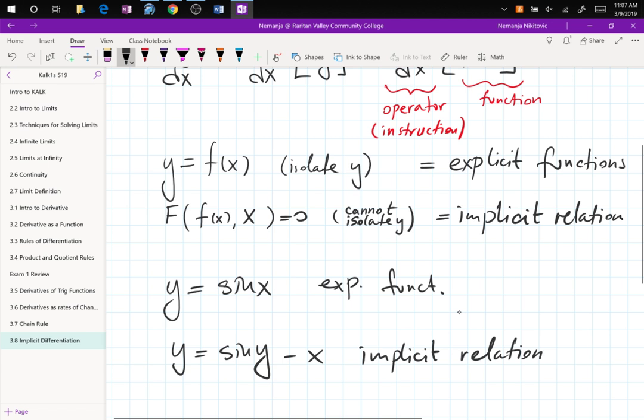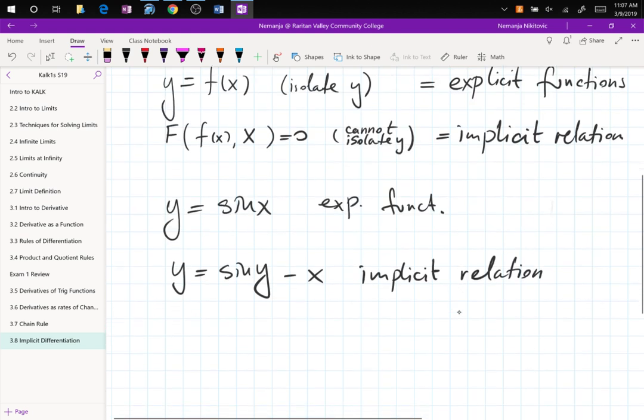So you cannot solve for y. You cannot write y equals everything else. You have one y that is single and linear, and one y that is buried within the sine function. And there's nothing you can do to free this one up and combine it with the other.